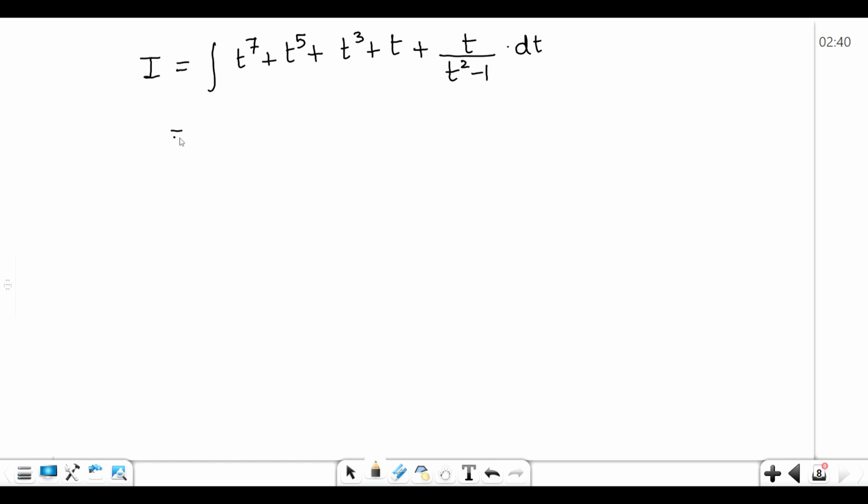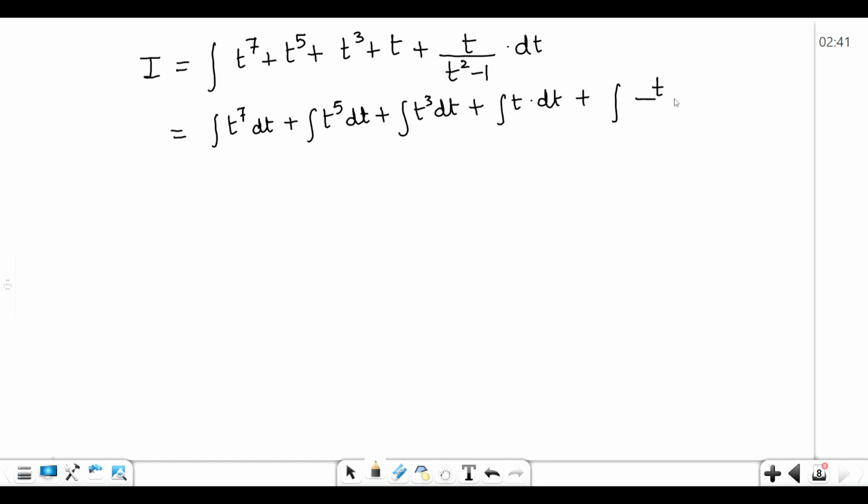So we'll integrate this individually. Now first will be integration of t to the power 7, then t to the power 5, then t to the power 3, then t dt, and this will be t upon t square minus 1 dt.